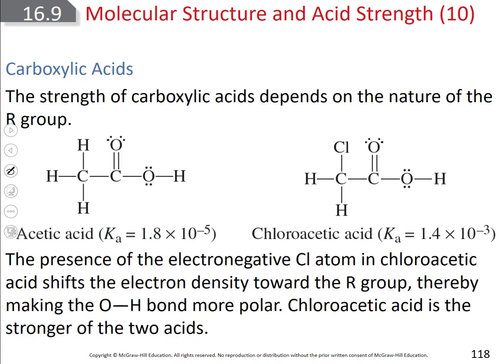So let's look at acetic acid versus chloroacetic acid. Very, very similar sizes of R groups. The only difference is that in chloroacetic acid, one of those hydrogens has been replaced with a chlorine. It's the big difference between chlorine and hydrogen that might affect this. Chlorine is significantly more what than hydrogen?